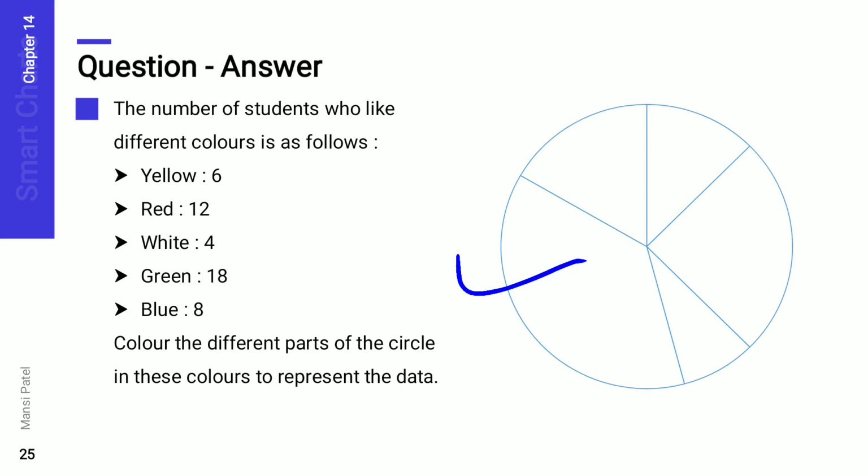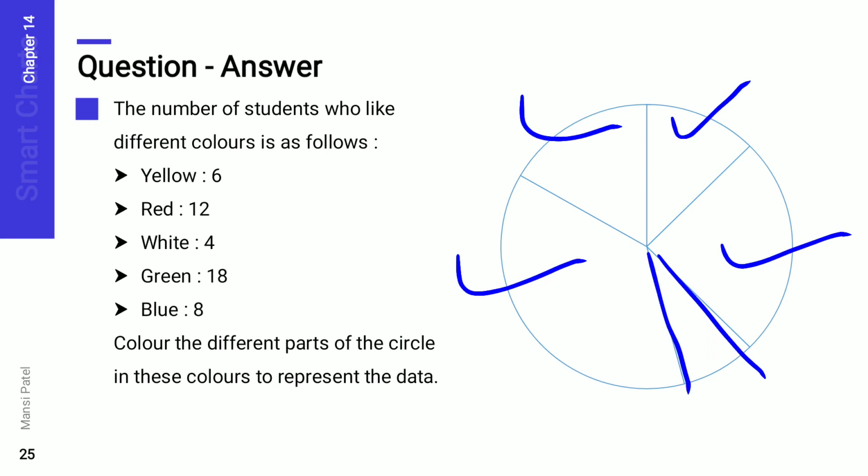This one is the biggest, so this is green. After that, which one is bigger? This one, so this part is red. After that, blue. Now of the remaining three parts, this part is more, so it is blue. In this, it is yellow, and this portion is the smallest among all, so this is white.